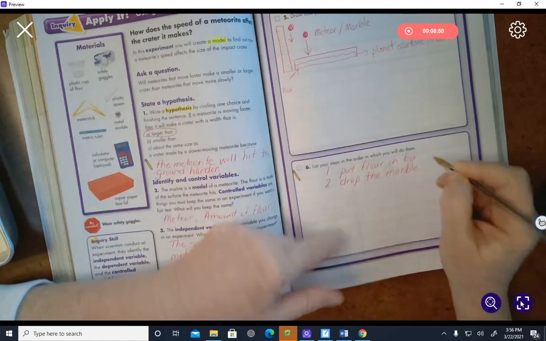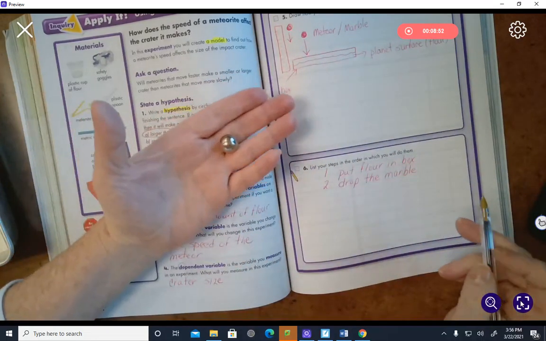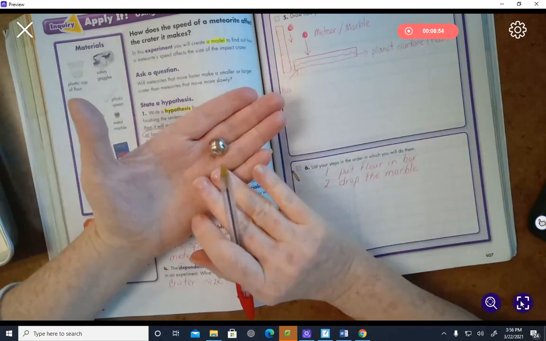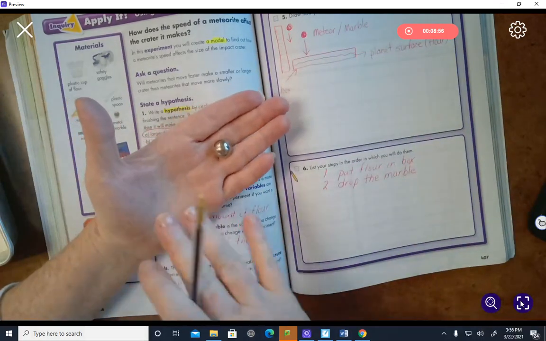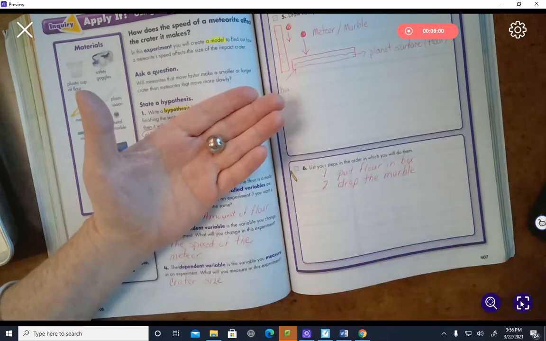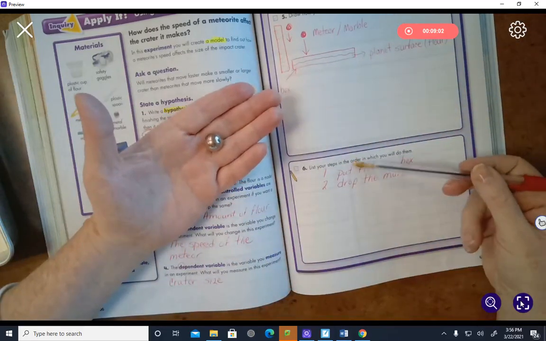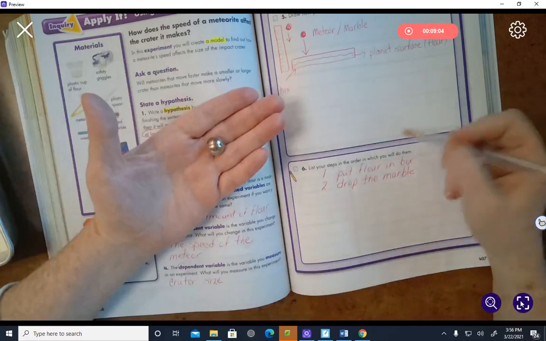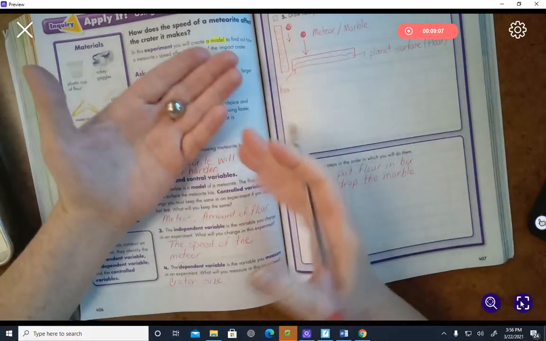Now, dropping it just once, normally, is not a good, valid scientific experiment. It has to be repeated. You have to have your steps written down so other scientists can repeat them and say, oh, I got the same result.